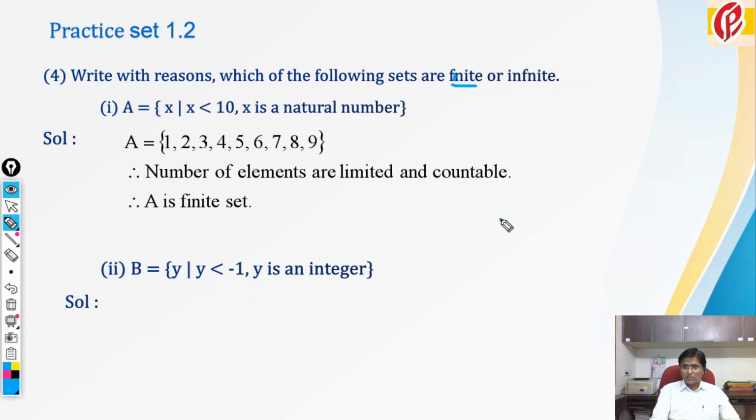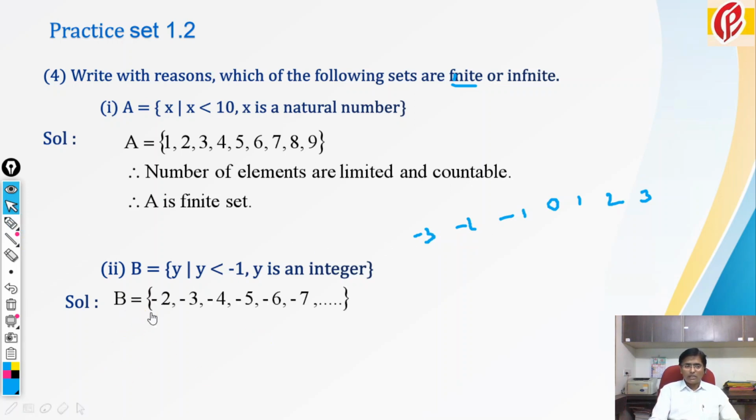You learned in the number line: suppose here is -1, here is 0, and here positive numbers 1, 2, 3, and here negative numbers -1, -2, -3, like this, -4, -5. So Y is less than -1 means -2, -3, -4, -5, -6, like this. So B has -2, -3, -4, -5, -6, -7, and so on.